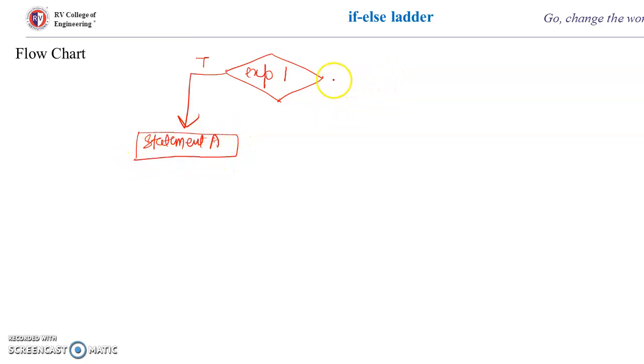And if expression 1 is false, then we check another condition, represented by expression 2. Any condition will always have two branches, true and false.